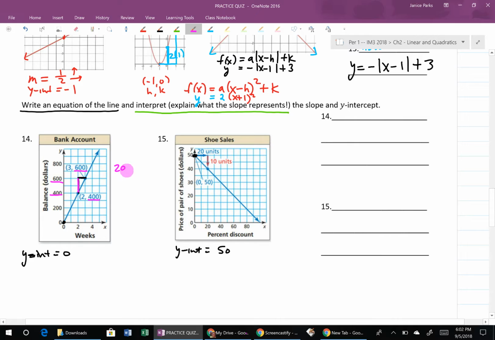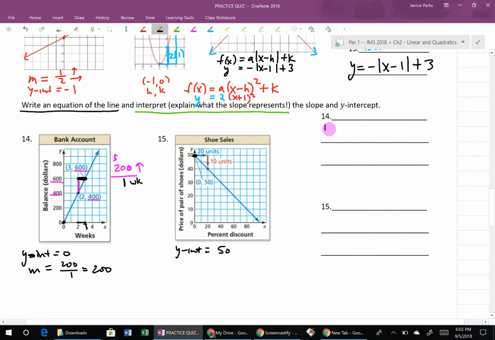That's $200 up. Okay, and that's in dollars. The right and left value, how much it goes to the right, goes from basically 2 to 3, and that's in weeks. So it goes over 1, and that's in weeks. So the slope is 200 over 1, which is 200 basically.